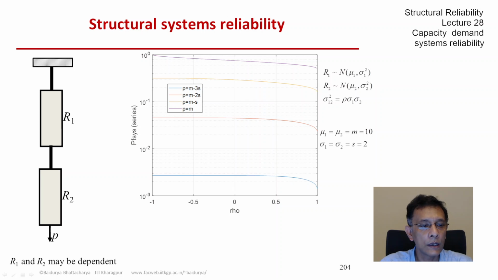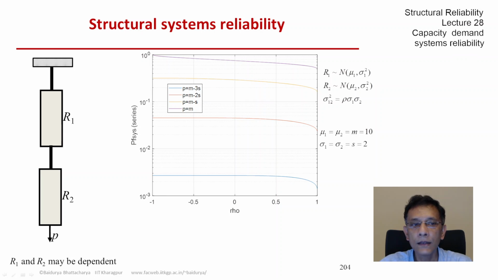So the load, as we mentioned, is non-random at this point. So I start with the load set equal to the mean strength of the individual elements, the mean minus 1 standard deviation, the mean minus 2 standard deviations, and finally the mean minus 3 standard deviations. So that's what you see.